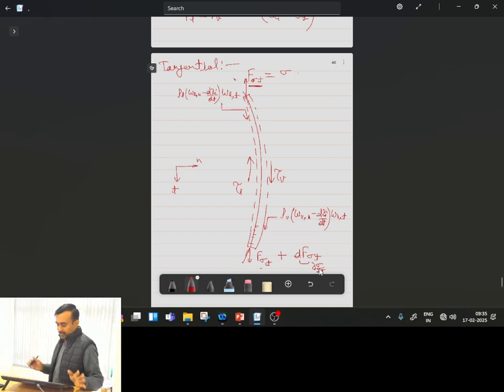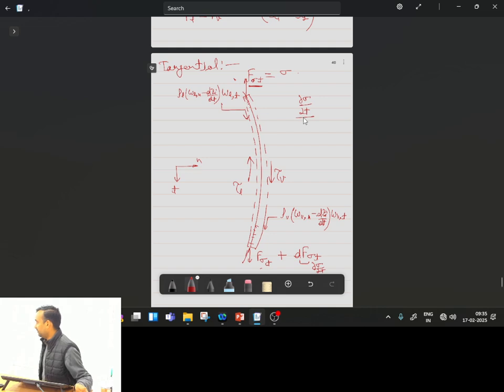What I am trying to say is, if I define that del sigma by del t is the rate at which sigma is changing along the tangential direction in the interface, then this rate of change of sigma will actually lead to a force difference between this point and this point. All are clear?